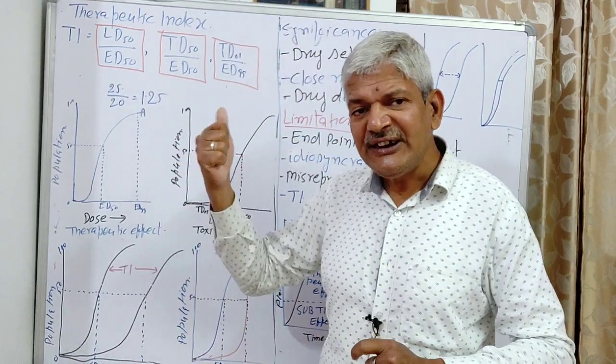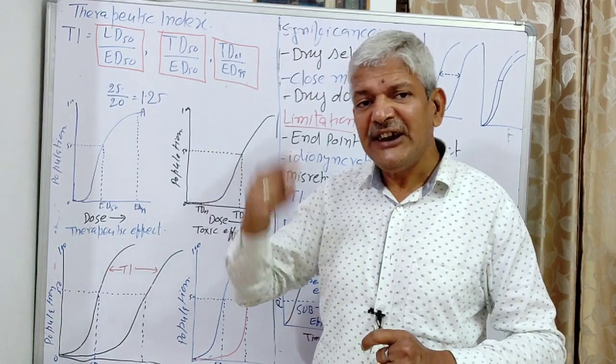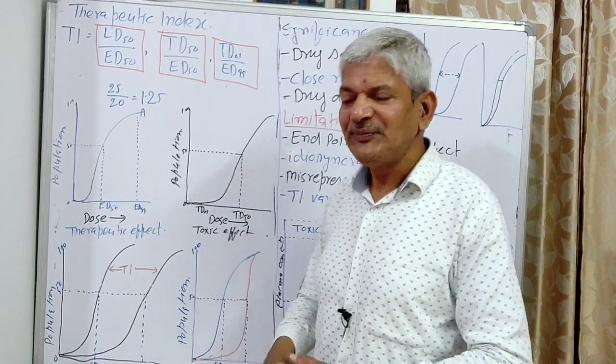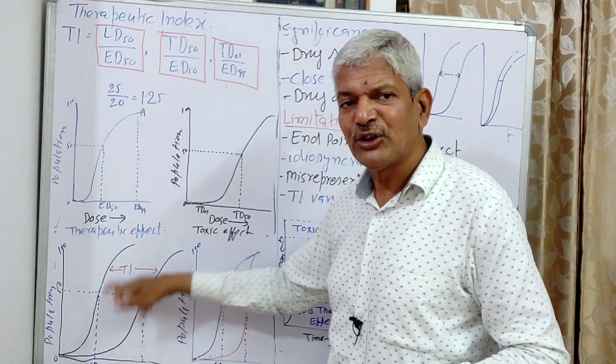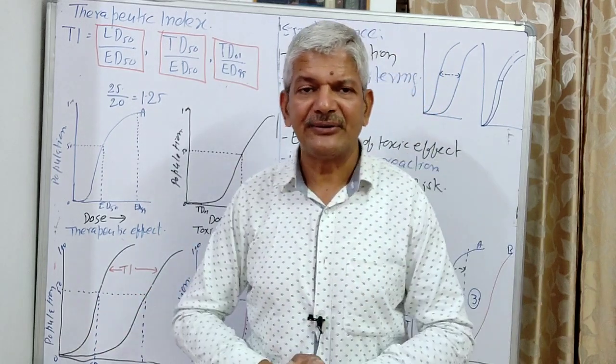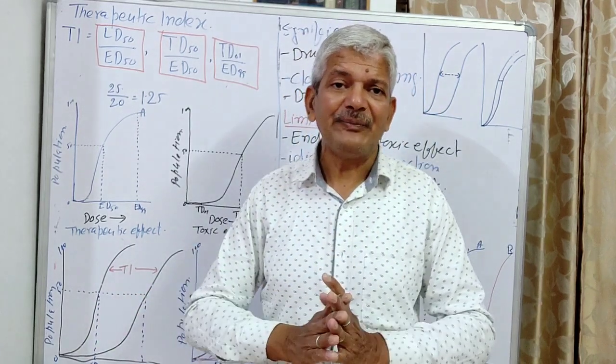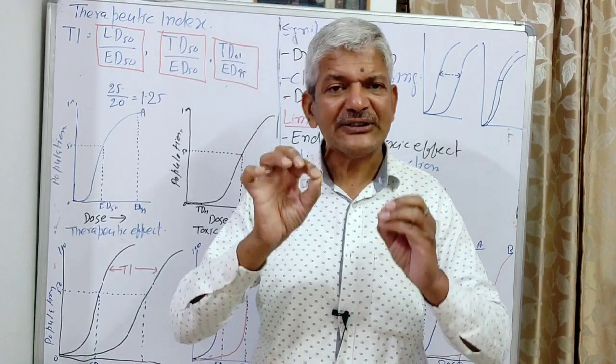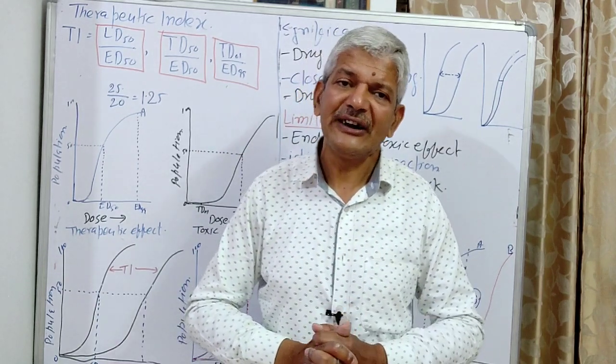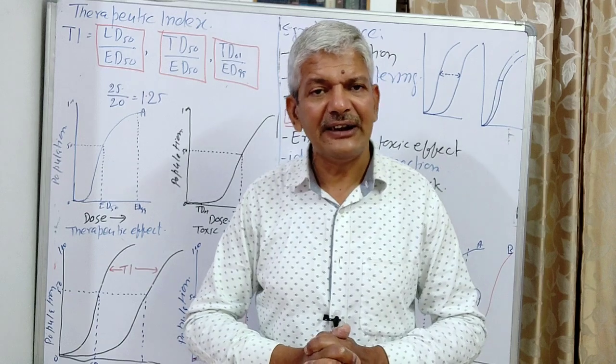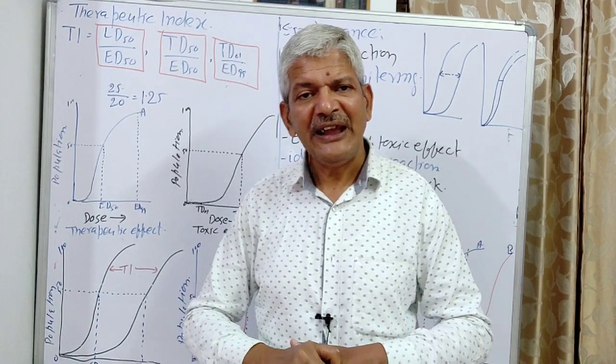If we are using the TD01 and ED99, in that condition, this requirement that it should be parallel will not be needed, and this produces some sort of information regarding the safety margin of the drug, that is the therapeutic index.